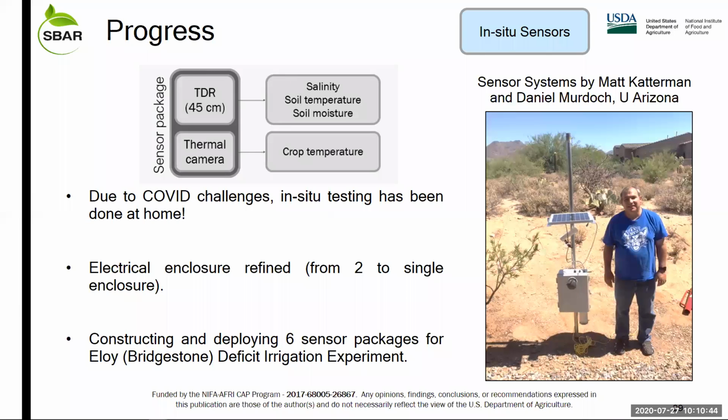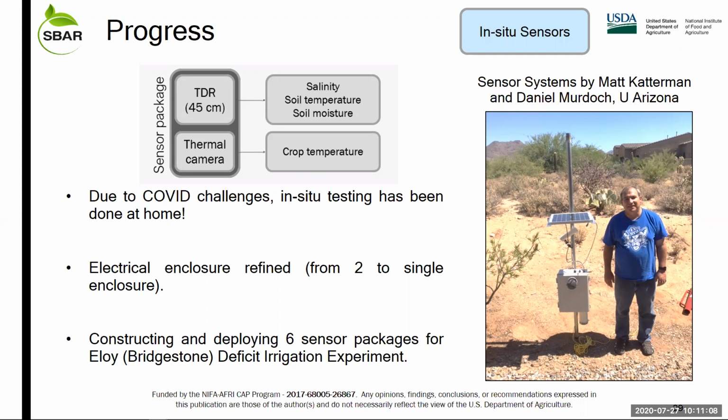This is a sensor package developed by Matt and Danielle. There is a TDR, which is below the soil, and we also have a camera, which is above the ground. Together they provide in-field measurements for the crop as well as the soil.